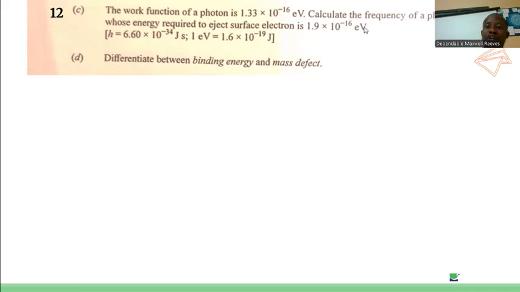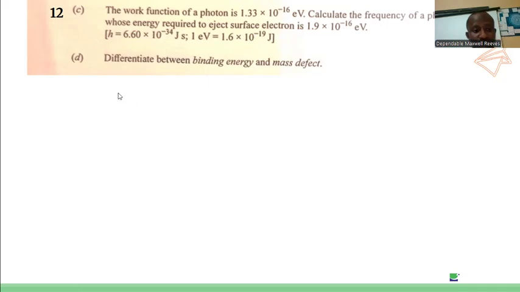So the first thing, we have to convert all of the values from electron volt to joules. We have already been given the conversion factor here as 1 electron volt equal to 1.6 times 10 to the minus 19 power joules. So it means that we would multiply each of the values by 1.6 times 10 to the minus 19 power to express our answer from electron volt to joules.